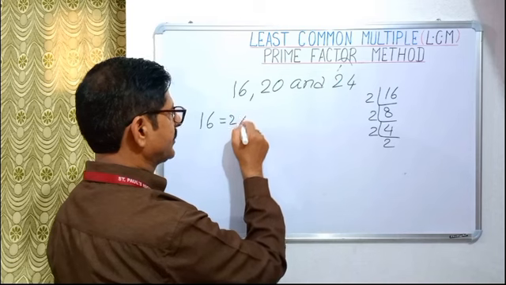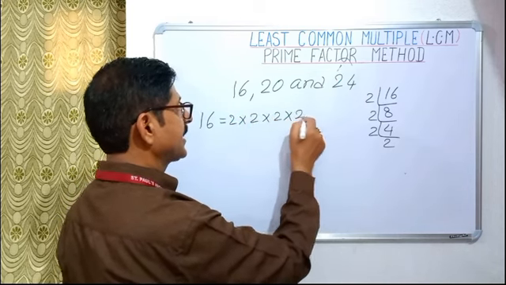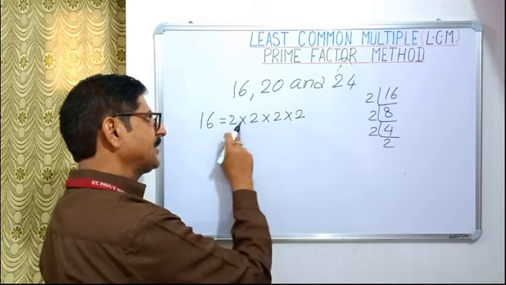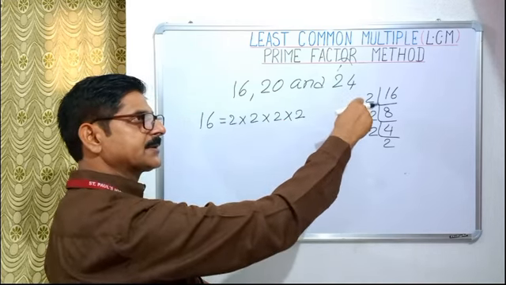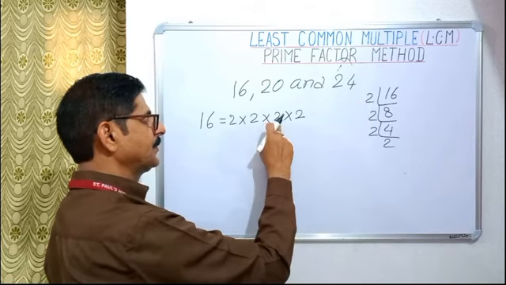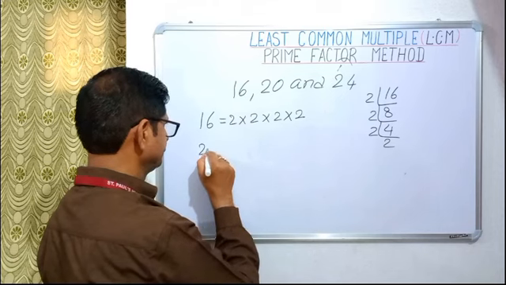So 16 is equal to 2 into 2 into 2 into 2. Check it. If the product of the factors is equal to this number, only then your prime factorization is correct. 2 2s are 4, 4 2s are 8, 8 2s are 16. Yes. Now 20.